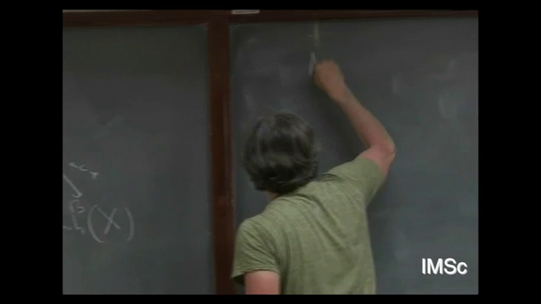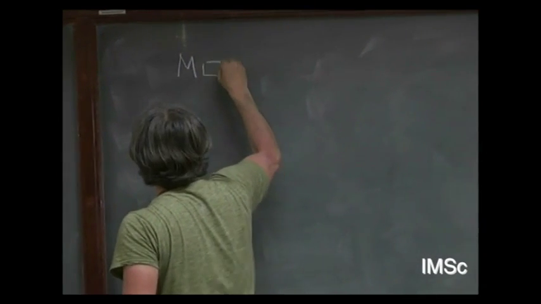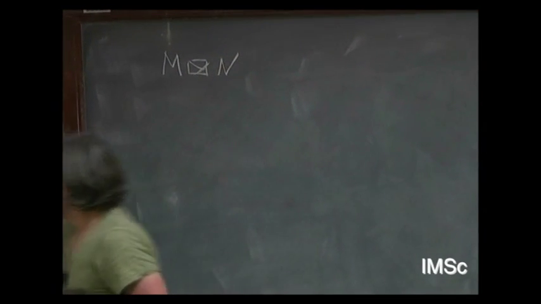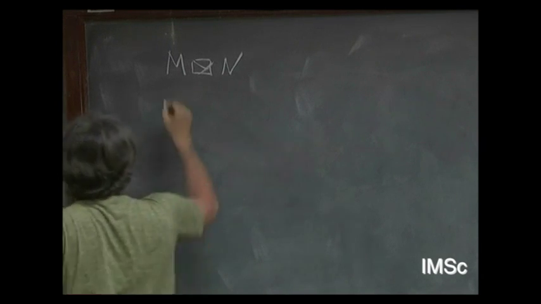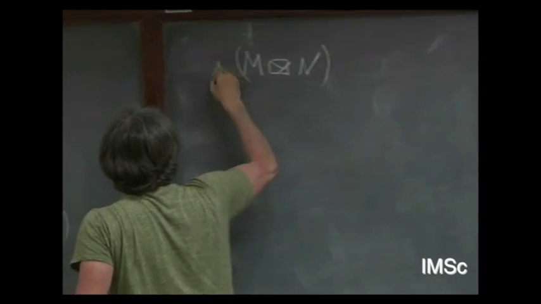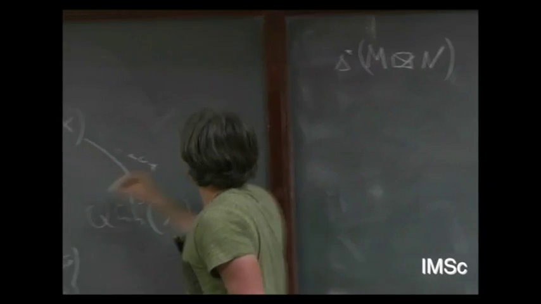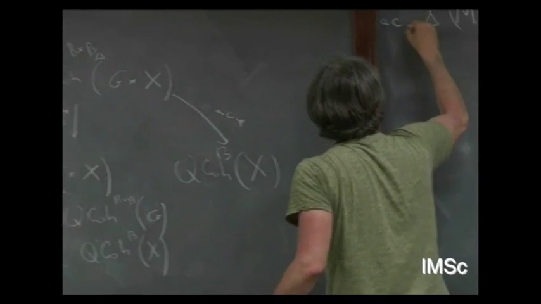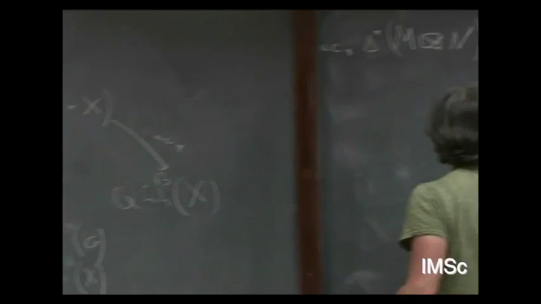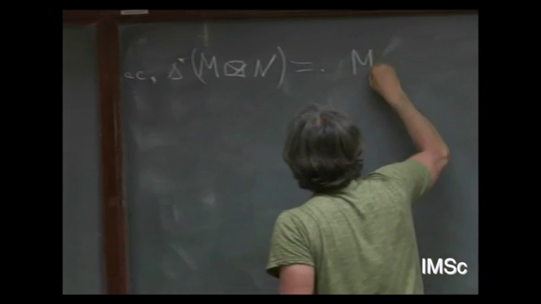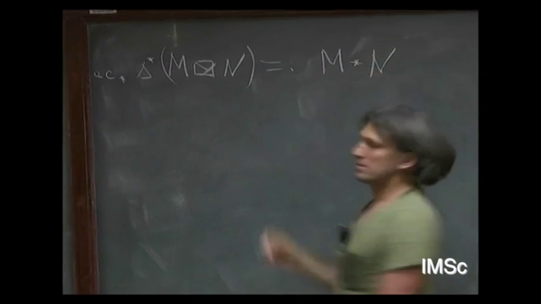I can take M out of tensor product N. It will live here, restrict, and then push forward. And that's what I call M acting on N.